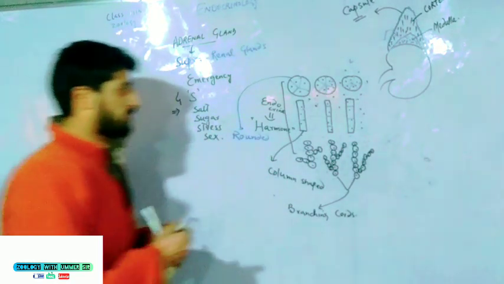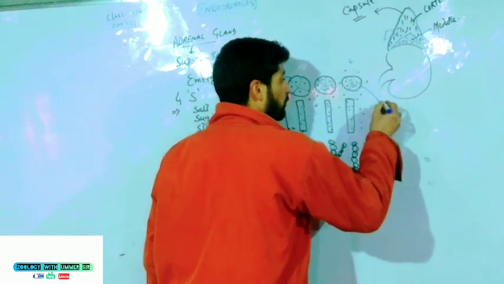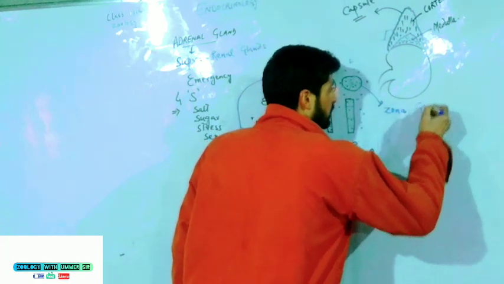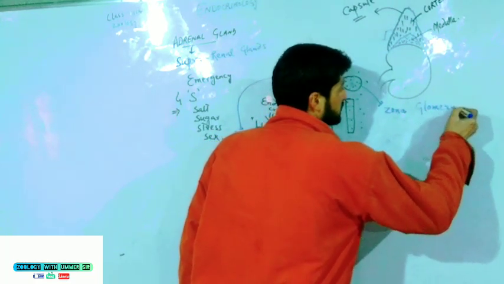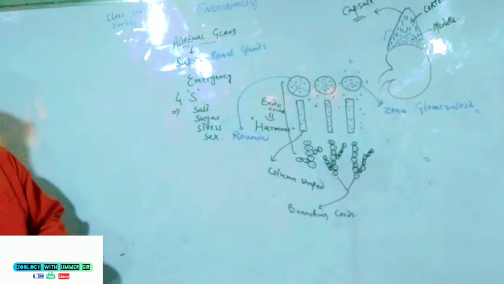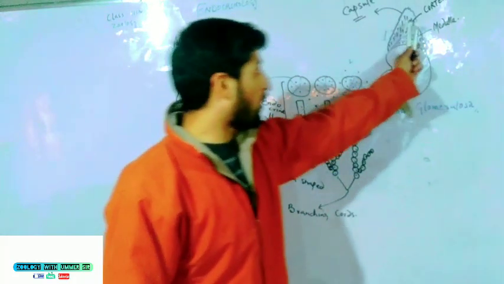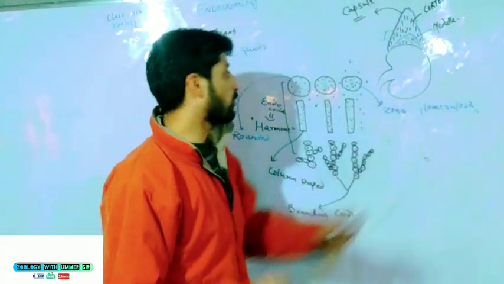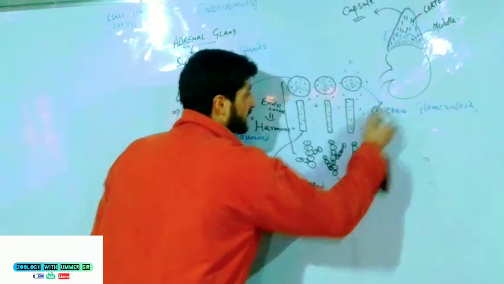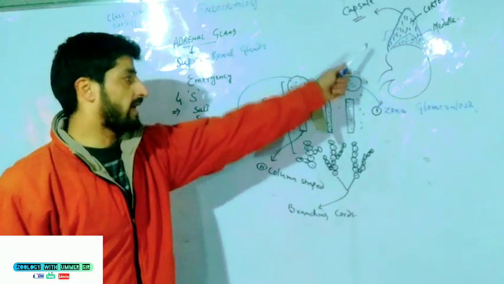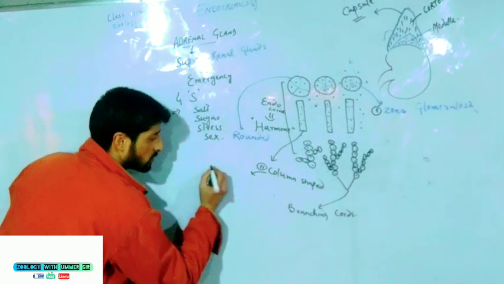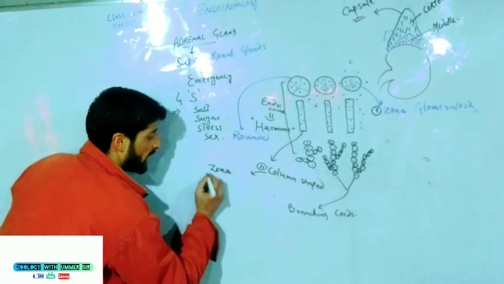The first group of cells we call zona glomerulosa. You should recall and memorize the term. The second group of endocrine cells is known as zona fasciculata.